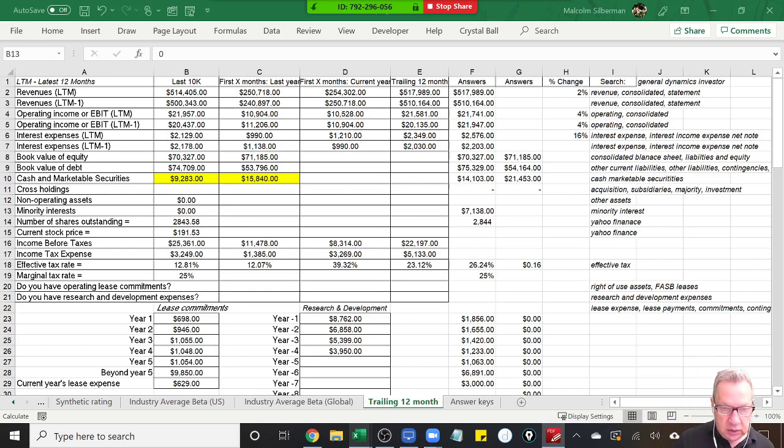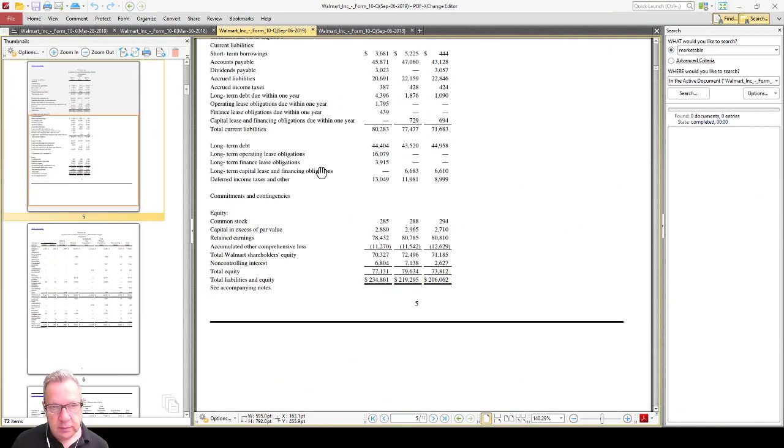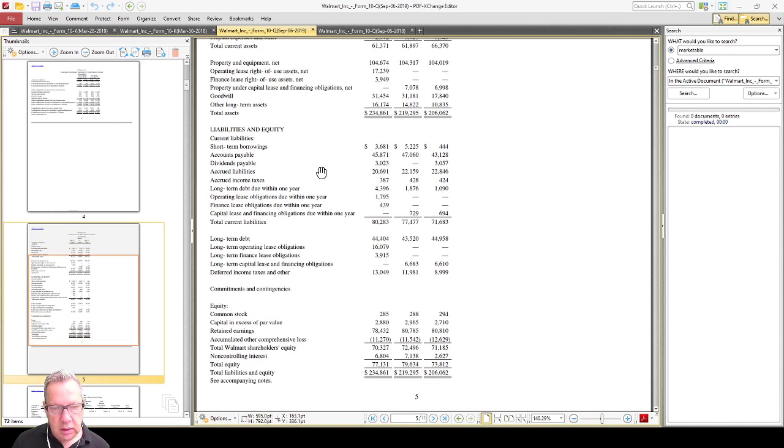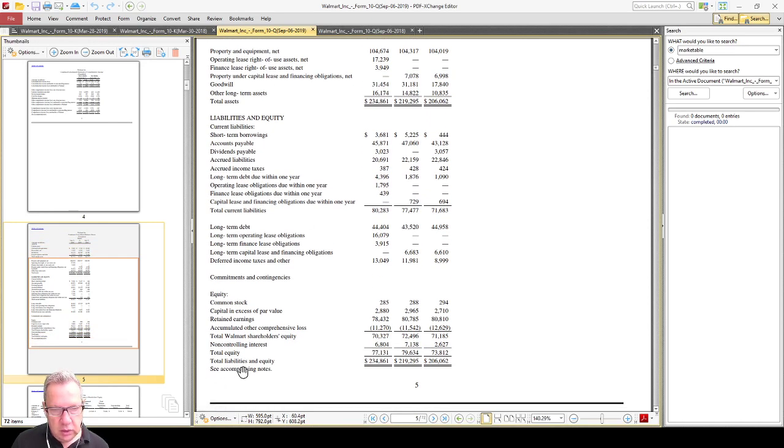But what does stick out to me here is, let's have a look. Where is it? I saw it. The minority interest definitely was there. Let me show you where I am searching. So here in the assets, down in the equity, you'll see that we had non-controlling interest, 6801.